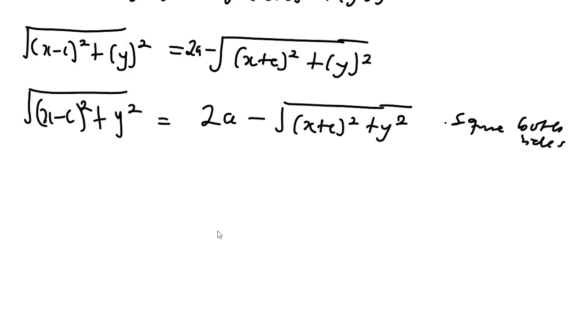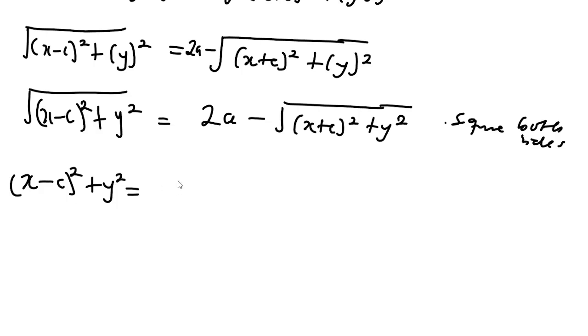If you square both sides, this side will go, so we have the square root here will go. So we have x minus c squared plus y squared being equal to, now this, the whole of this squared. So what happens?